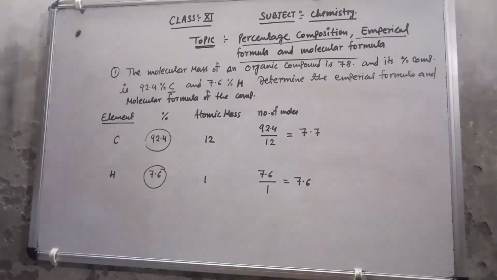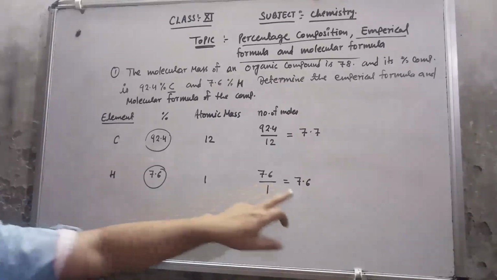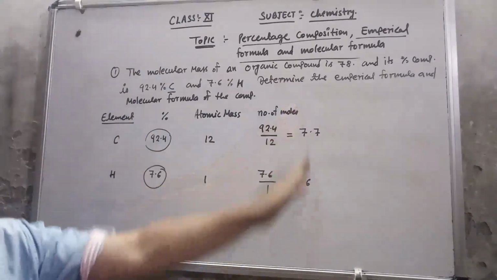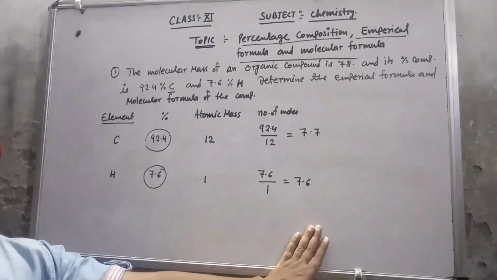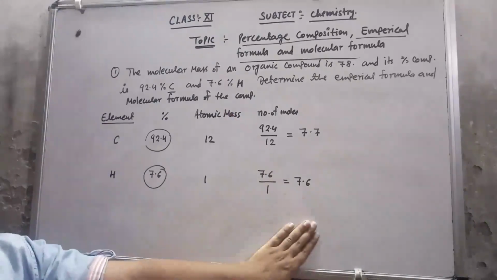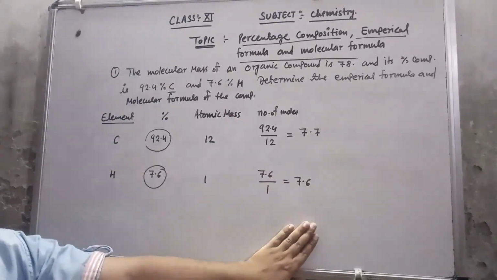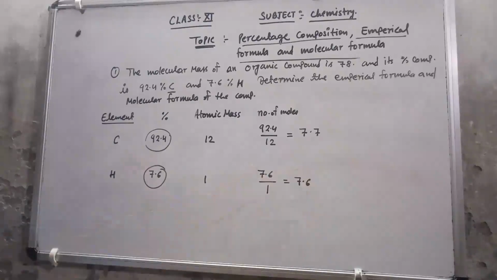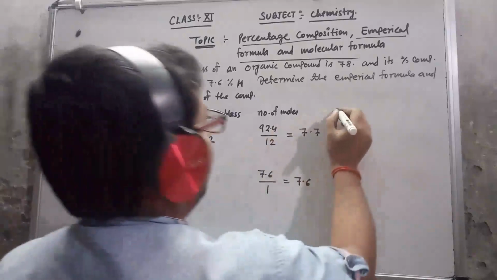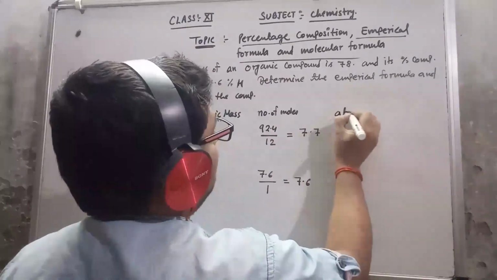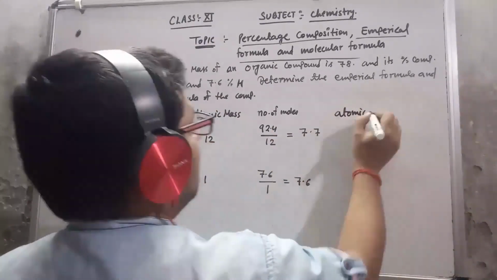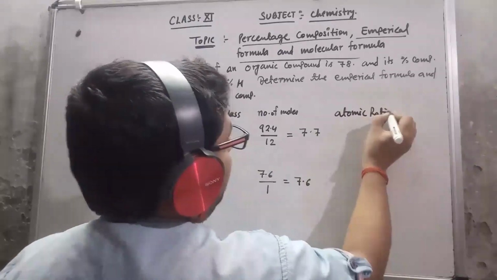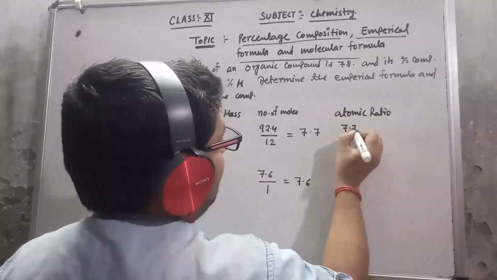Firstly we have to divide by the minimum number of moles out of these, to everyone. That gives the mole ratio or atomic ratio, because these are atoms.